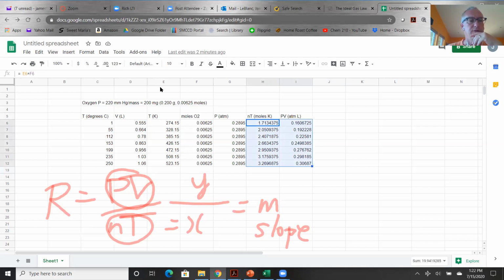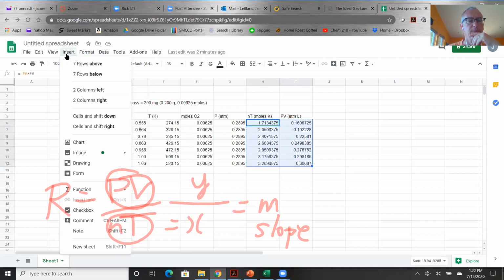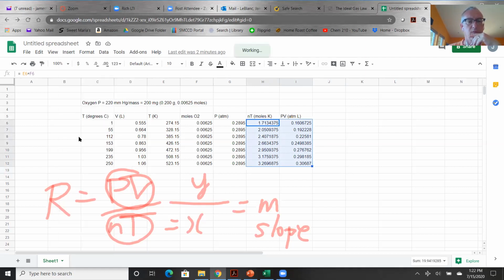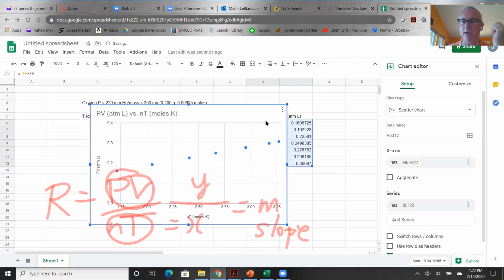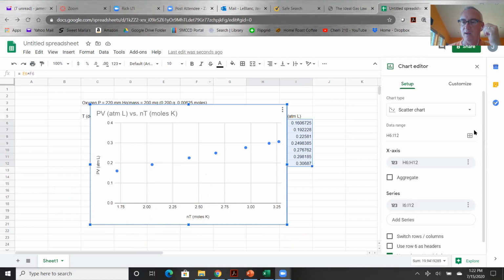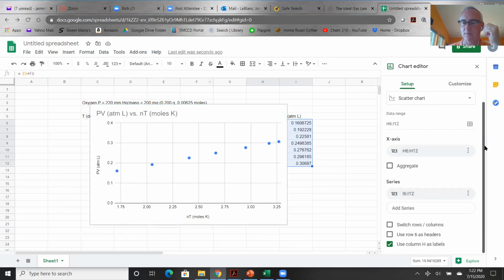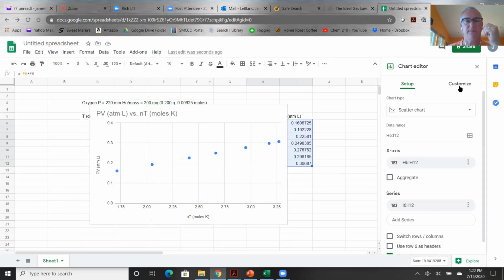Okay, I go to insert, right? Chart. And hopefully it'll pop up with something in a year or two. There we go. I want a scatter chart. What else do I want? Oh, customize. There's my chart.